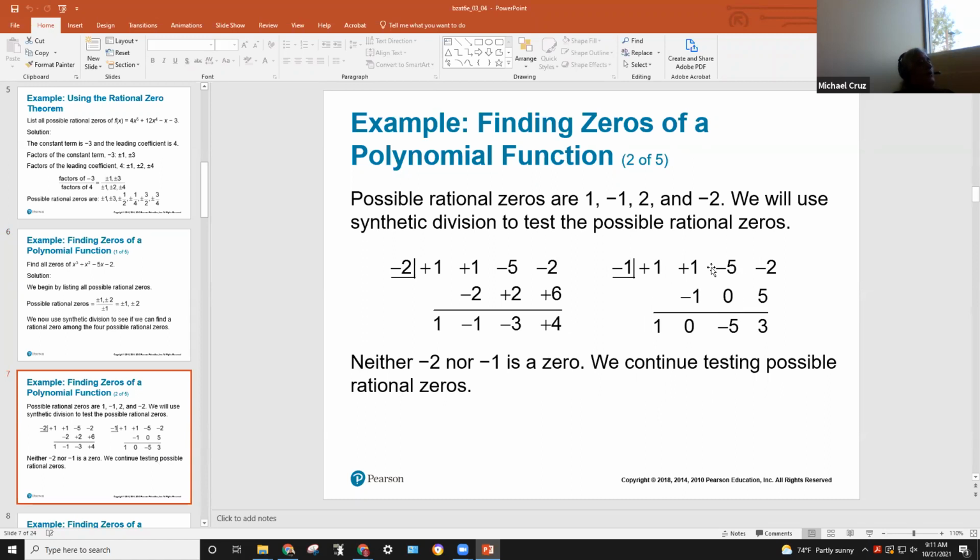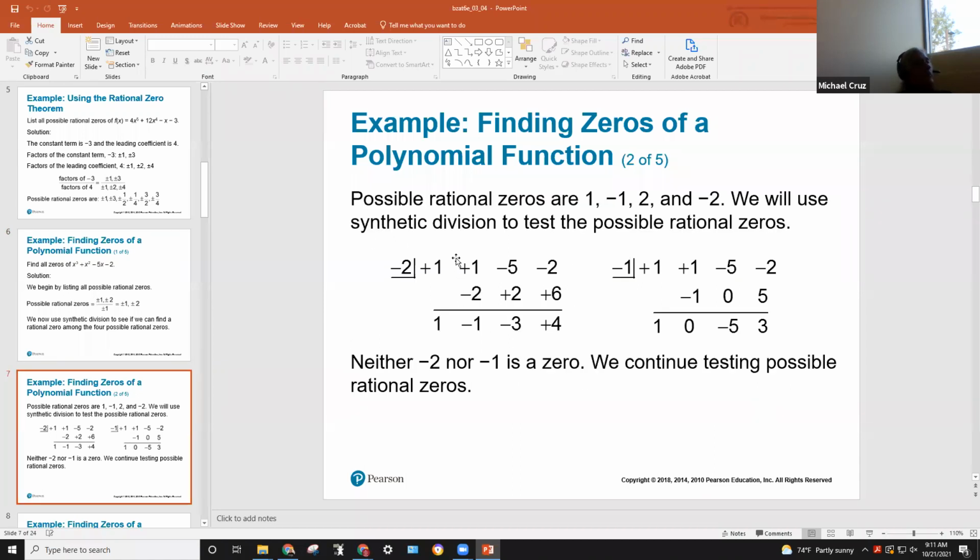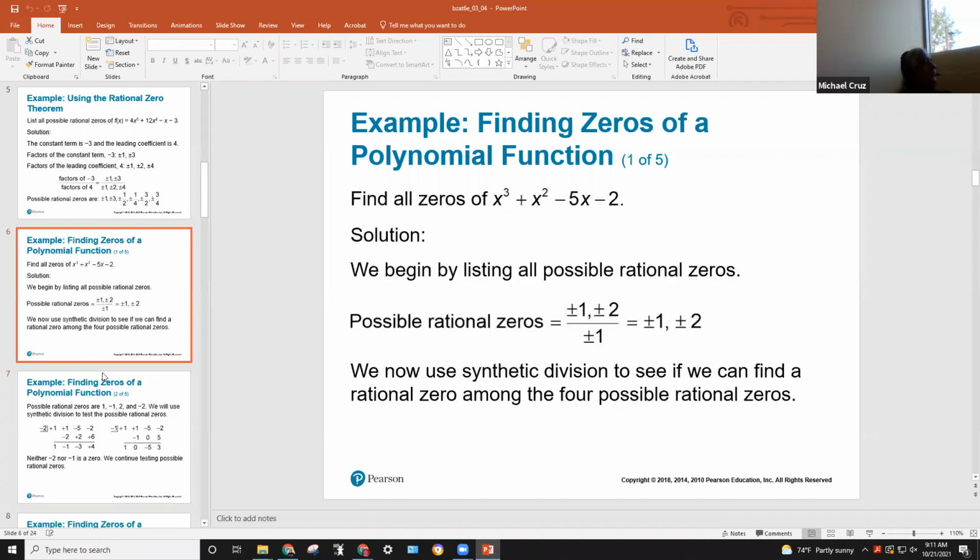All right, so they start out with -2, okay? So you remember the way that synthetic division works? You put the coefficients 1, 1, -5, -2.